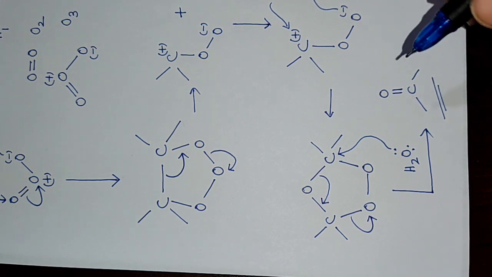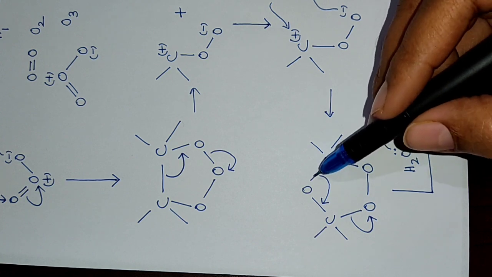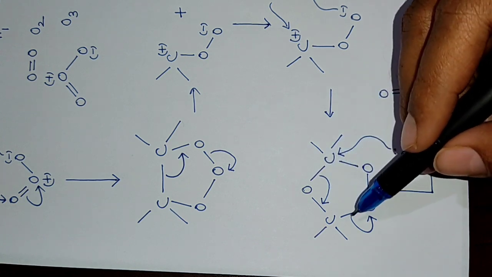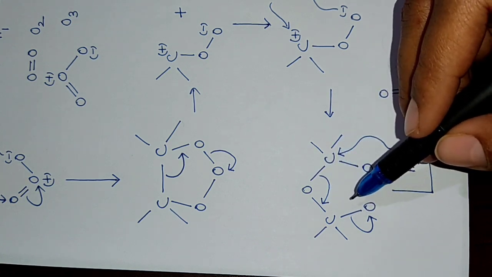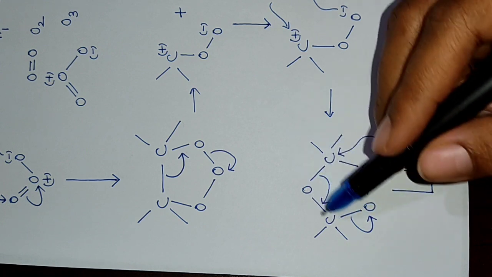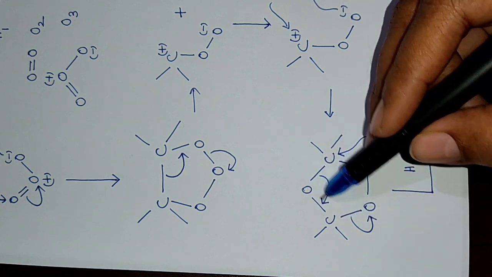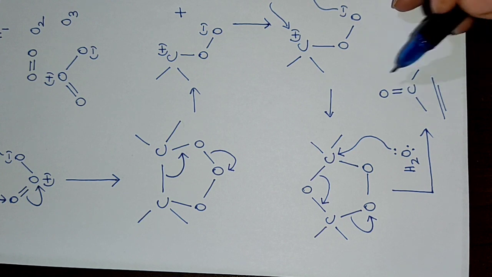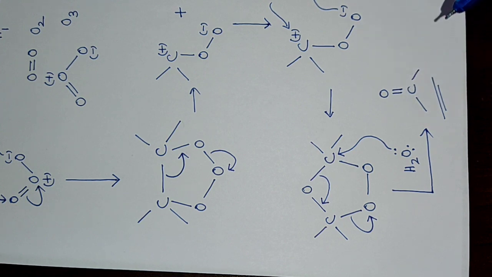This sigma bond will break, so it will be isolated from this ozonide. We have a pi bond here, so we will get the one carbonyl product.